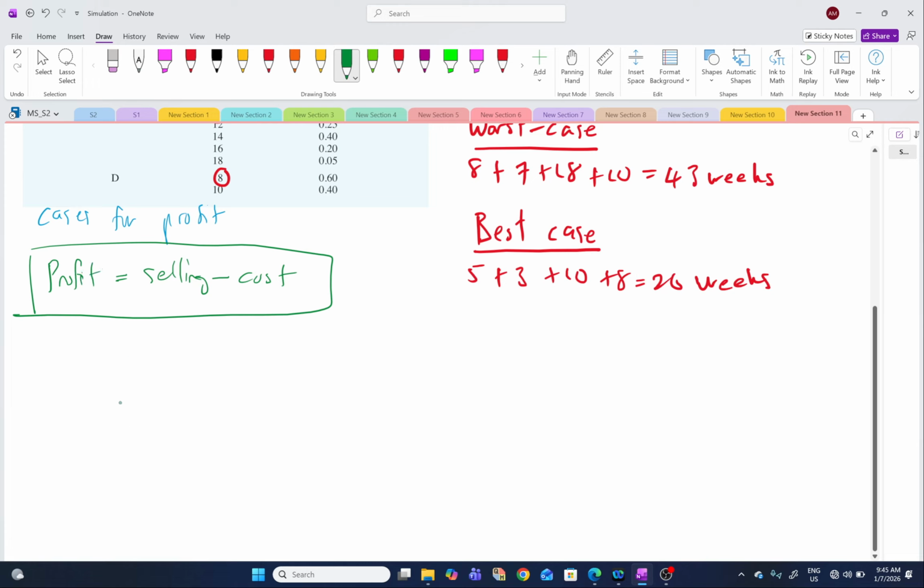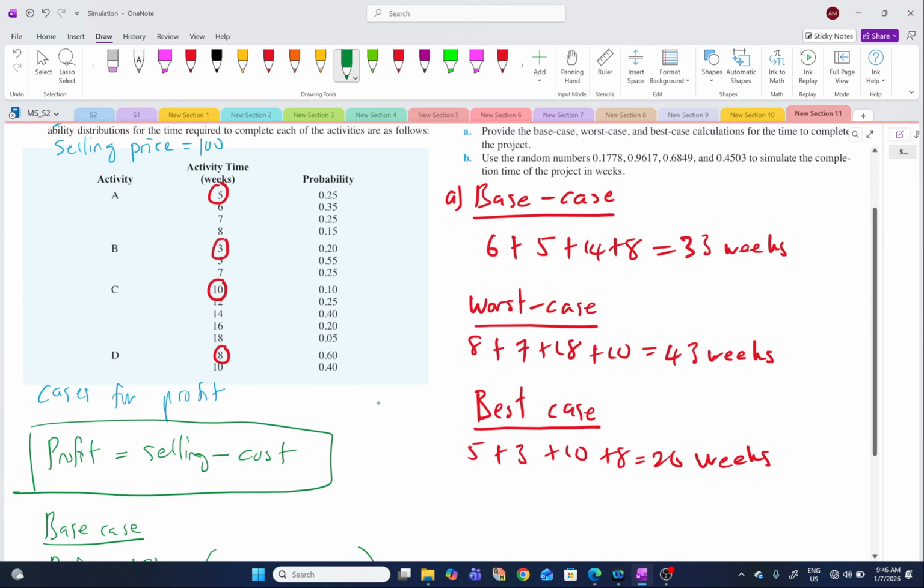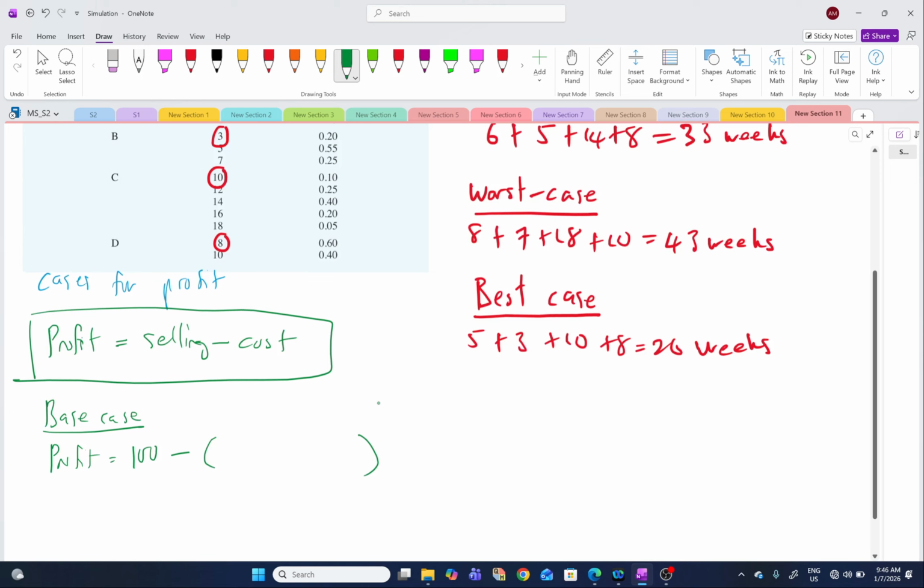Okay, sekarang saya nak cari dia punya base case. Base case for profit adalah selling price is 100. Now the cost price changes. For base case, we always choose the highest probability. So it's going to be the same. 6.